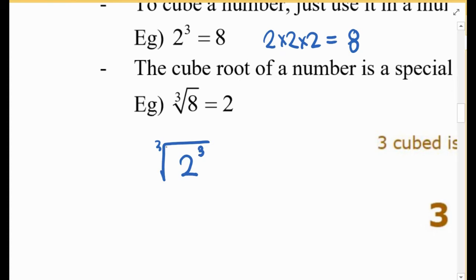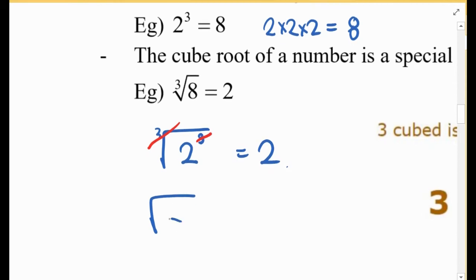And since you have a cube root and the exponent 3, you can cancel. And the answer becomes 2. So remember everyone, when you have a square root and the exponent 2, you can cancel. And when you have a cube root and the exponent 3, you can just cancel. The answer becomes 2. Alright?